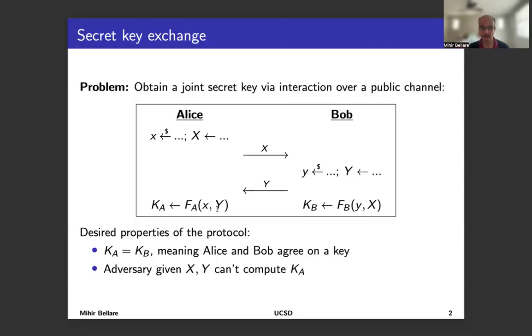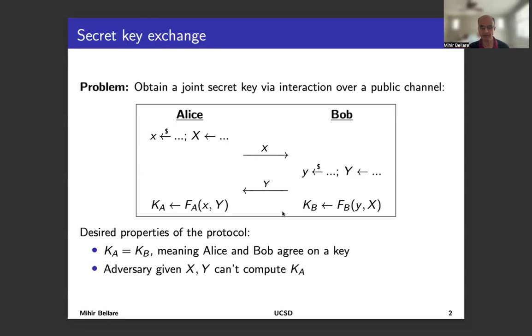The protocol now is supposed to give us functions, public ones, f sub a and f sub b. Alice applies this function to this, which we view as her secret, and what she received from Bob. And Bob likewise applies his function to his secret and what he received from Alice.